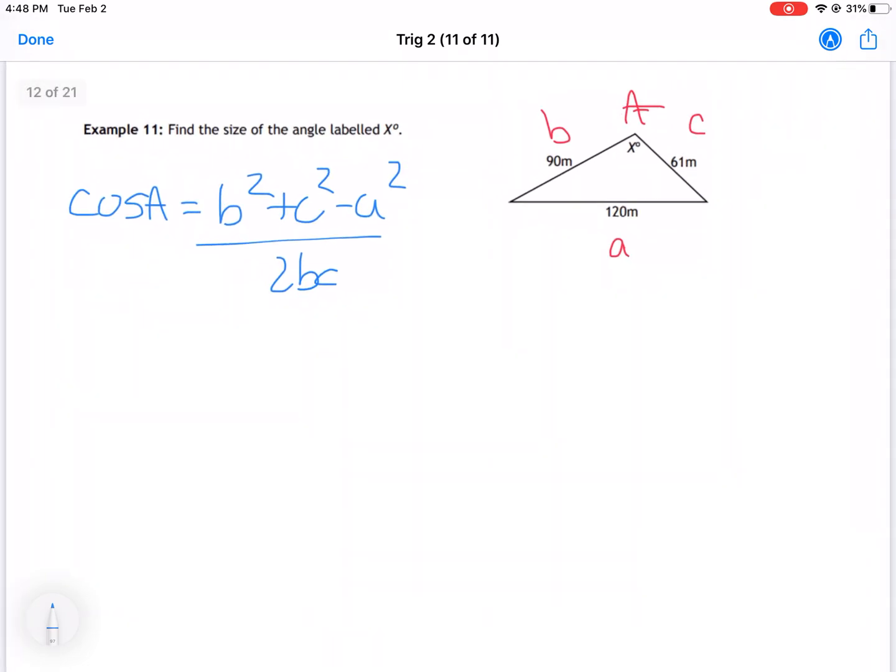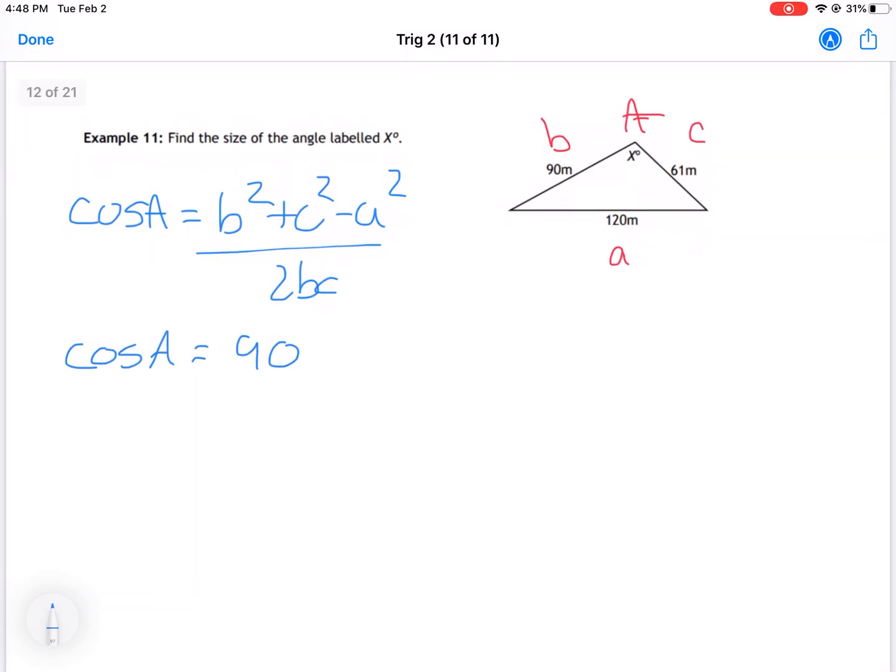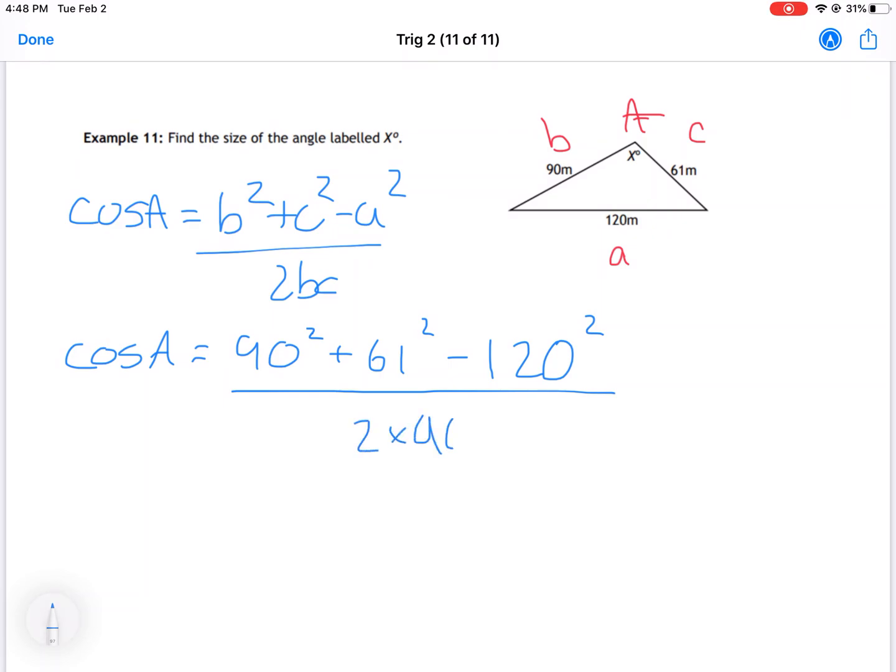So, cos A, side B is 90, side C is 61, minus side A, which is 120, all over 2 times 90 times 61.